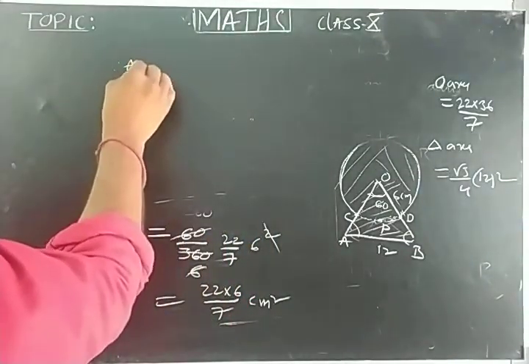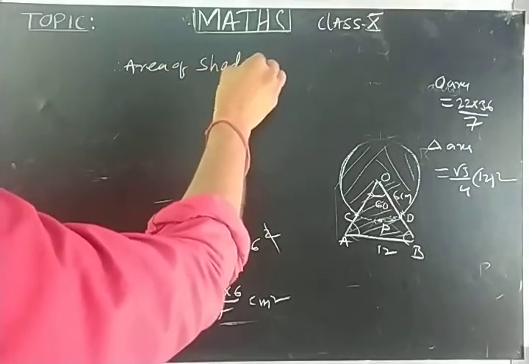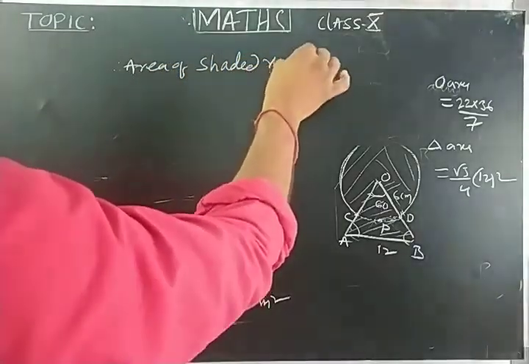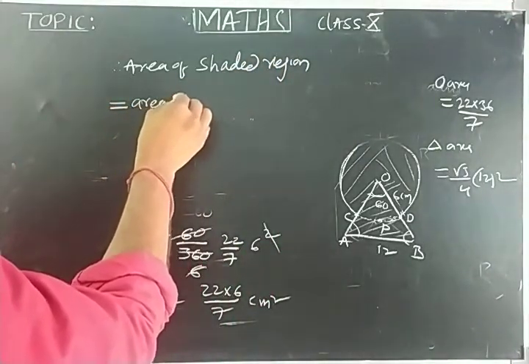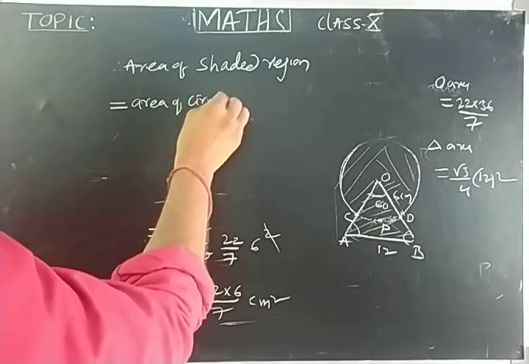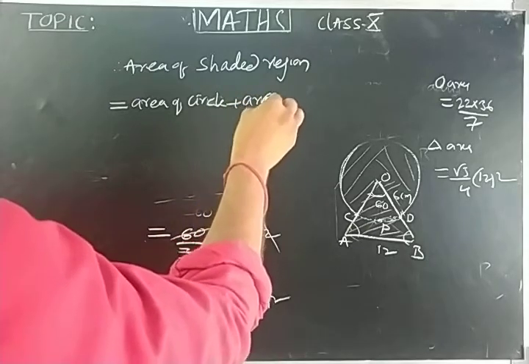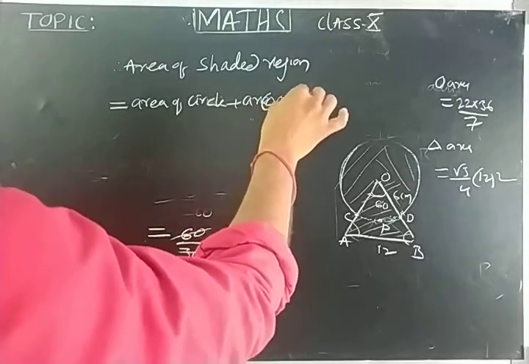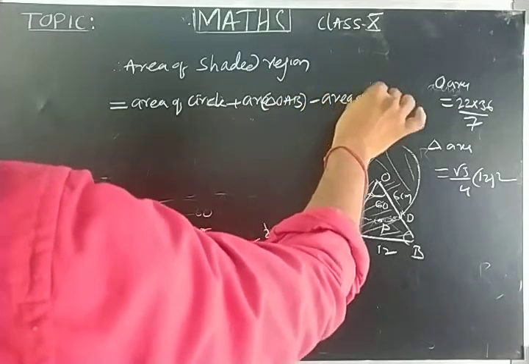Therefore area of shaded region is equal to area of circle plus area of triangle OAB minus area of sector.